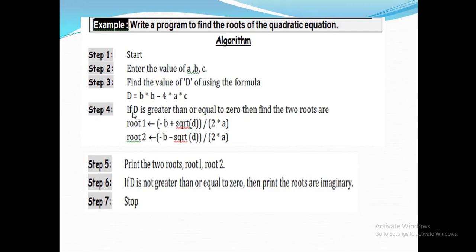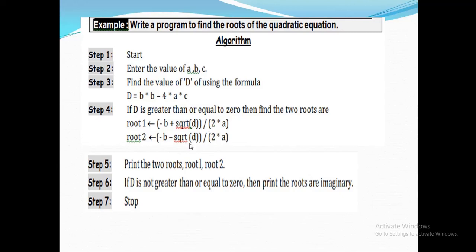And in step 4 we are going to find the roots. If d is greater than or equal to 0, then find the two roots. One root is minus b plus the square root of d by 2a, and the other root is minus b minus the square root of d by 2a.